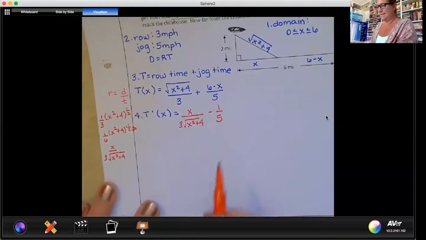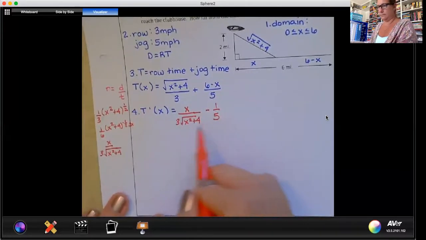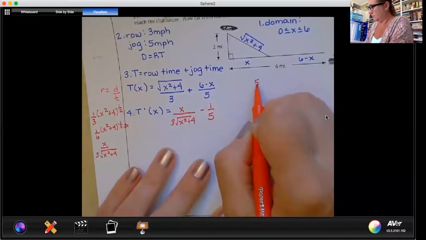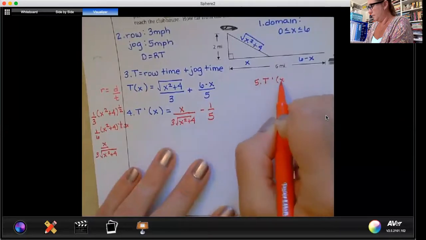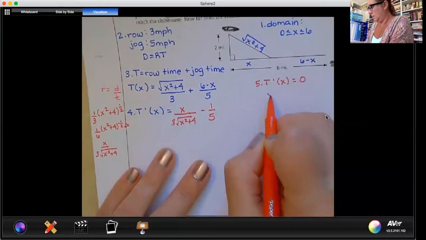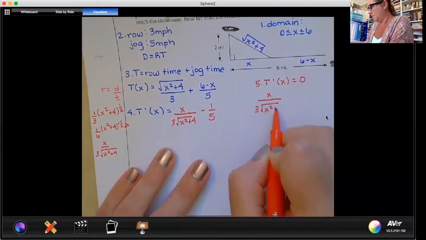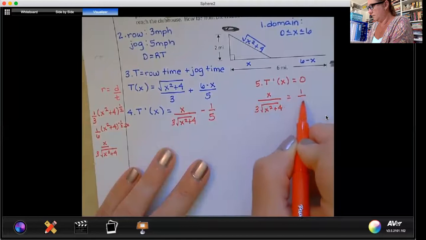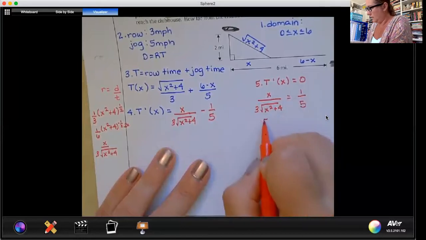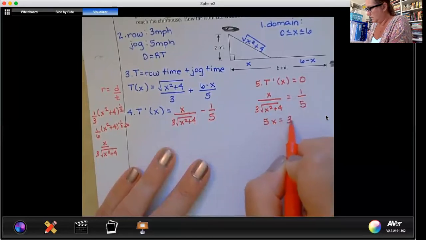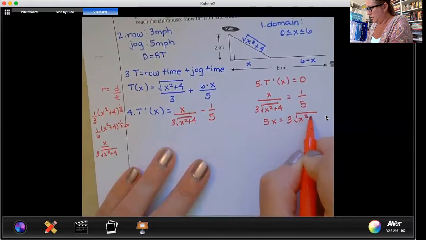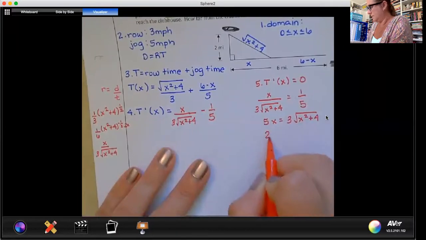All right, we're going to set that equal to 0. Go over here where I have a little bit more space. So x over 3 square root of x squared plus 4 has to equal 1/5. Cross multiply. To get rid of that radical, we square both sides.